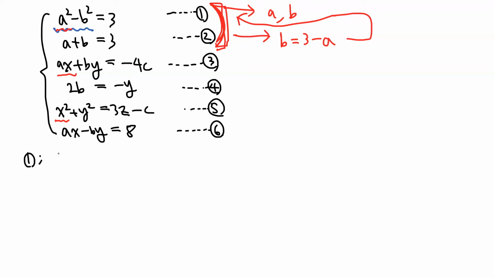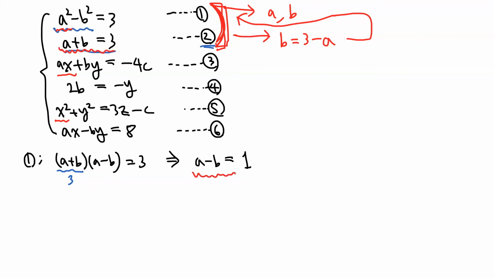That gives us a plus b times a minus b equals 3. And by equation 2, a plus b is 3. So therefore, a minus b equals 1. So this pair of equations, a plus b and a minus b, are easily solvable.